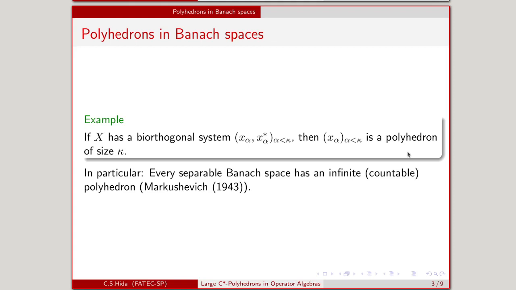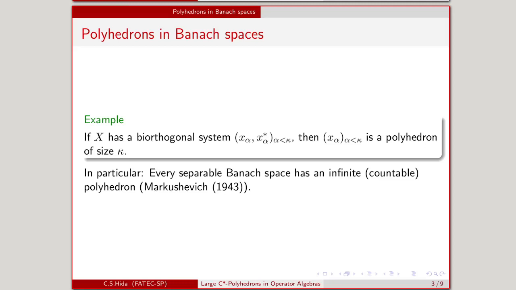In particular, using this result of Markushevich, every separable Banach space has an infinite, in this case countable, polyhedron. We know that the density of the Banach space is an upper bound for the size of polyhedrons.